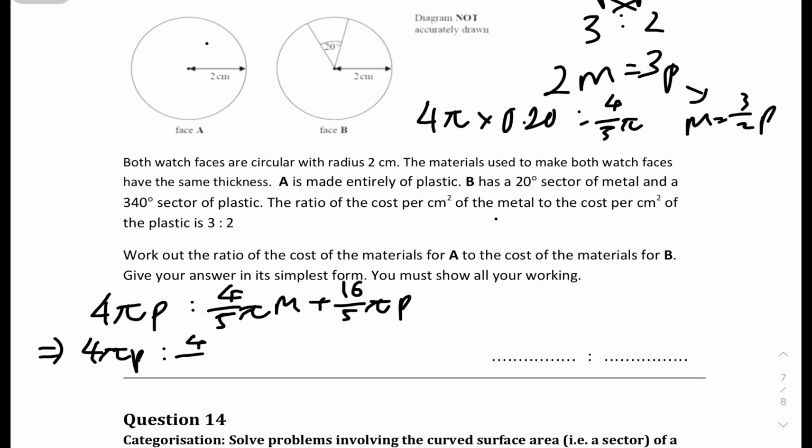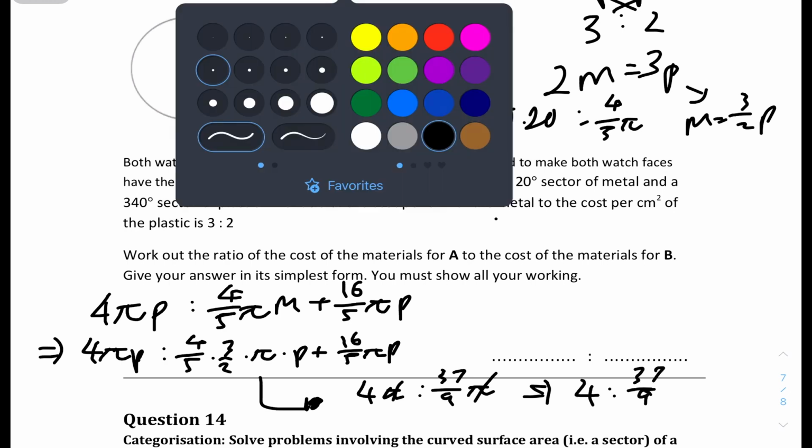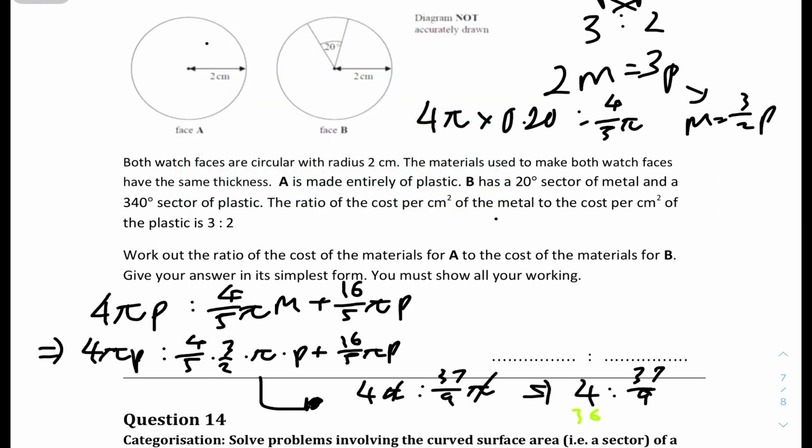So it'll be 4 over 5 times 3 over 2 times pi times p plus 16 over 5 pi p. If you simplify everything, it will be 4 pi to 37 over 9 p, so cancel everything out to get 37 over 9, and times both sides by 9 to get 36 to 37, and that's the answer, 36 to 37.